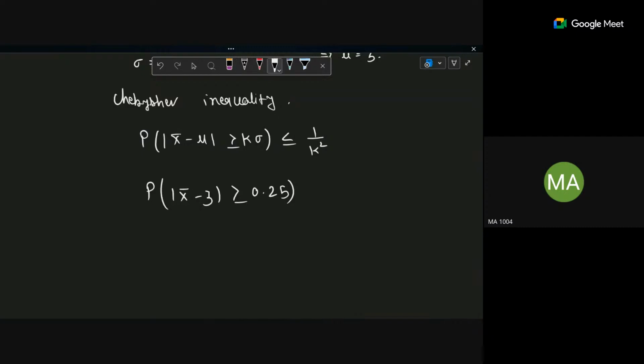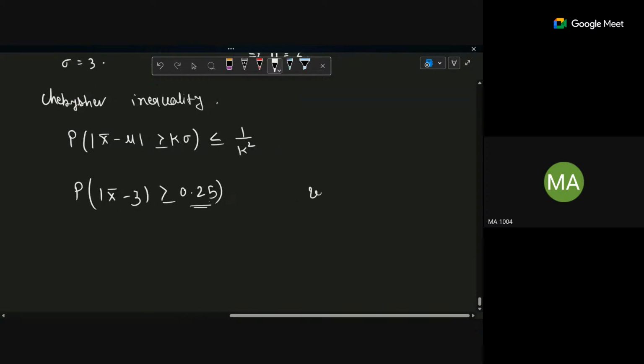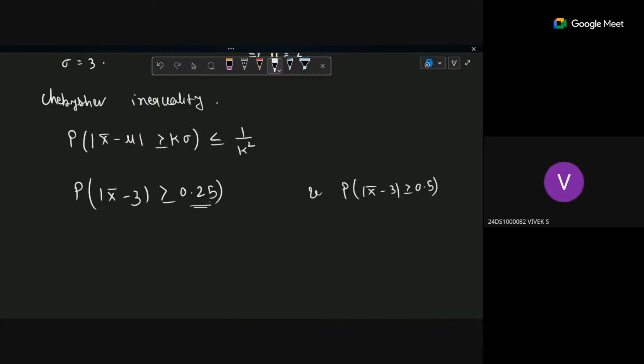In the question, they are asking this k sigma about this 0.25 and for x bar minus 3 greater or equal to 0.5. Isn't it the question? Yeah. About these two things. So we take this and substitute and find that.